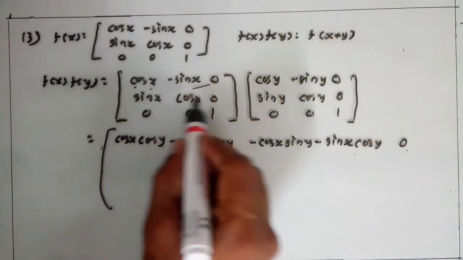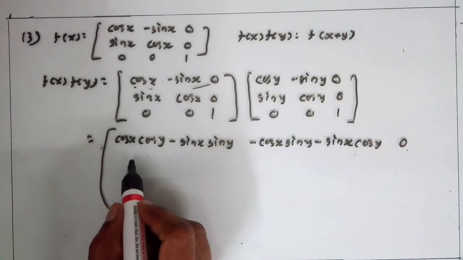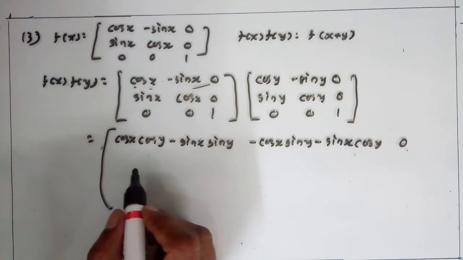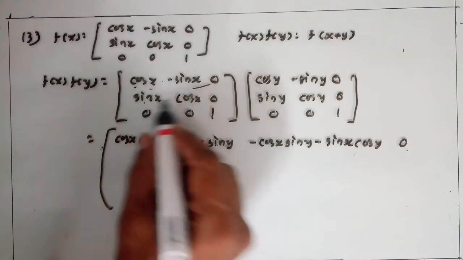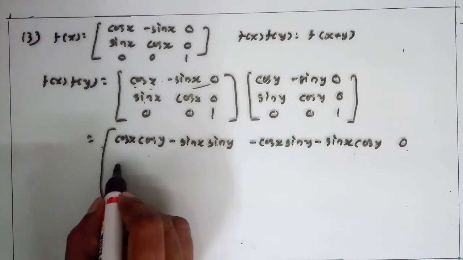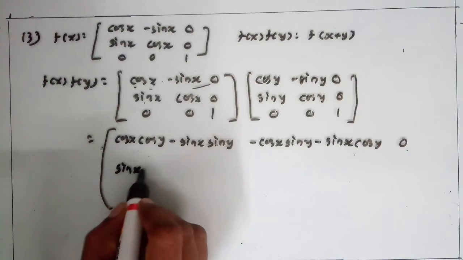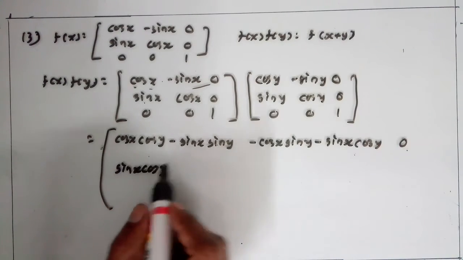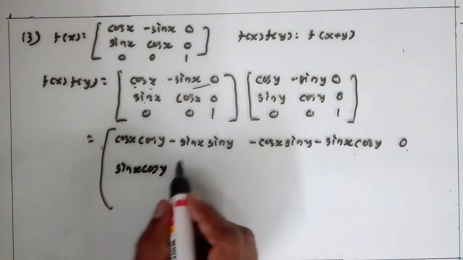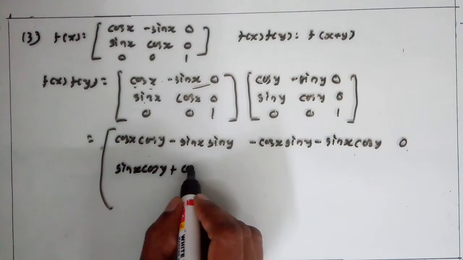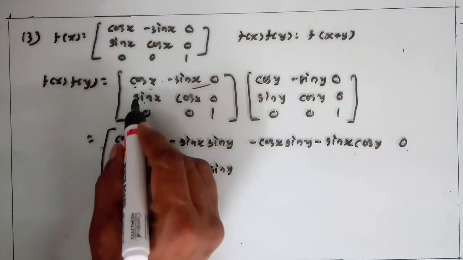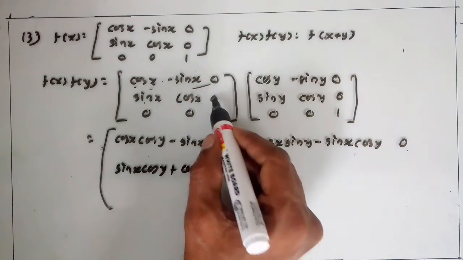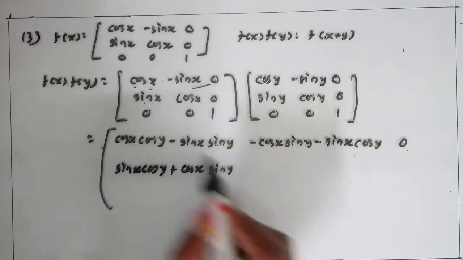Similarly, second row, first column gives the first entry of the second row. Sin x into cos y becomes sin x cos y, cos x into sin y, that is cos x into sin y, then last is 0 into 0, that is 0.